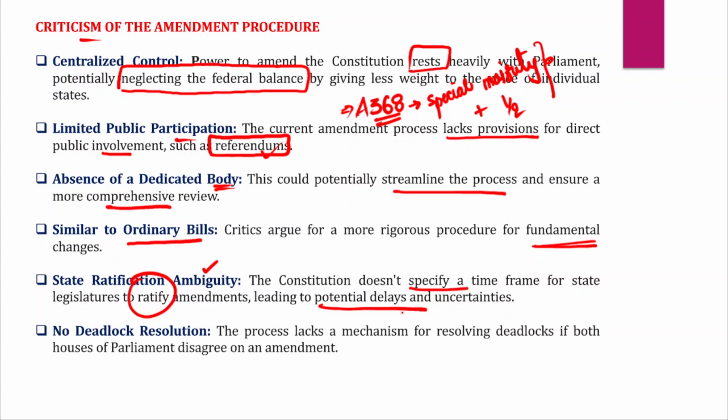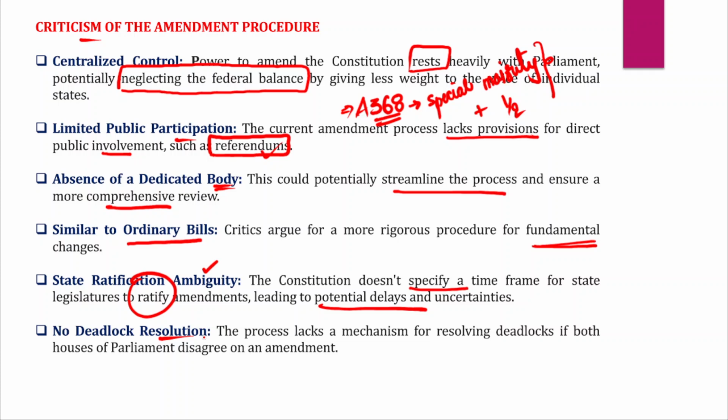and that has to be avoided. In fact, no attempts were made to resolve the deadlock existing between the parliament and state legislature, between the two houses of the parliament. Now, one thing that you need to understand: whenever we are talking about the amendment of the constitution, the constitutional amendment bill can be initiated by either house of the parliament, either Lok Sabha or the Rajya Sabha. However, the constitutional amendment bill must be approved by both houses of the parliament.